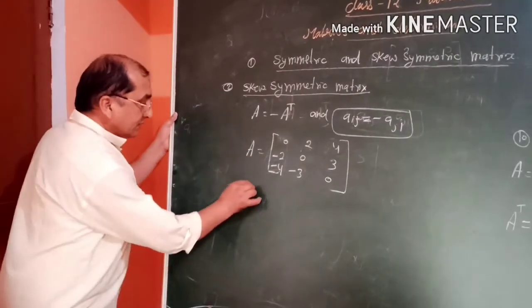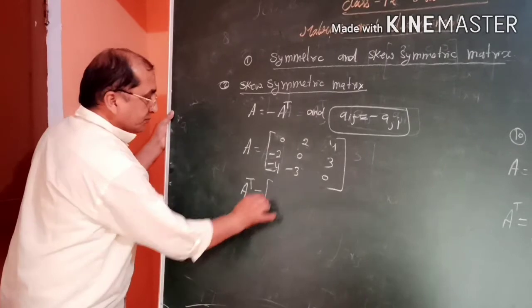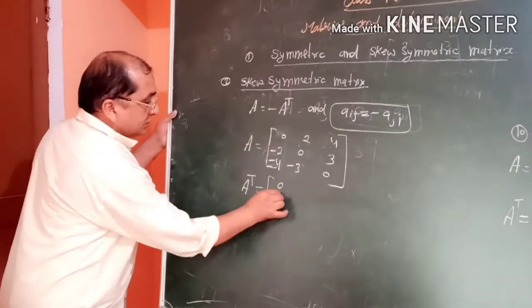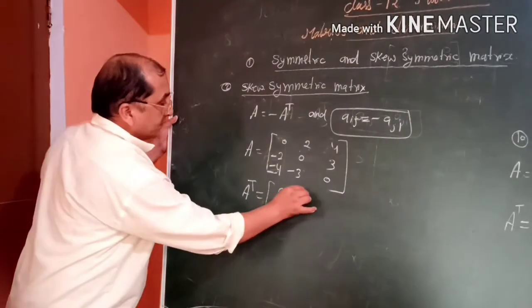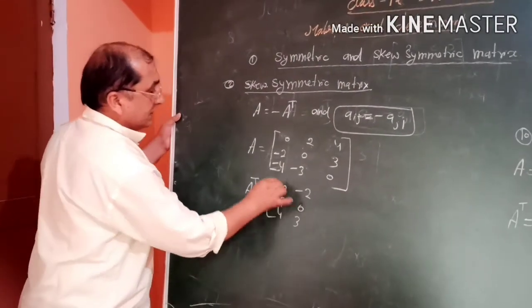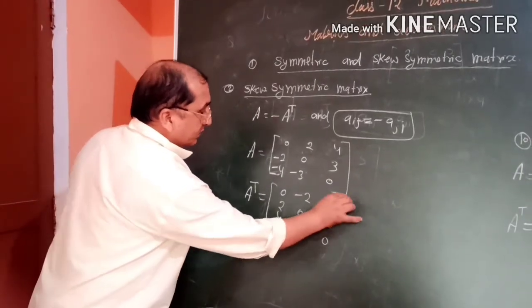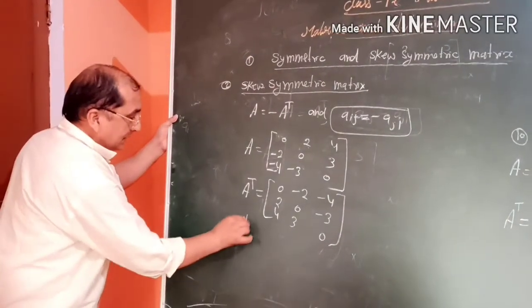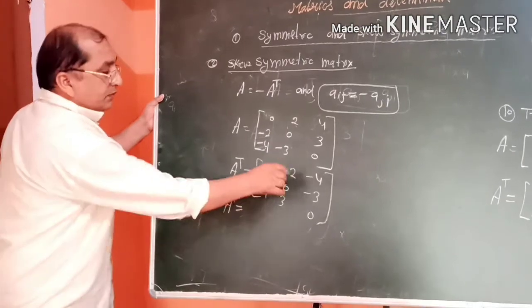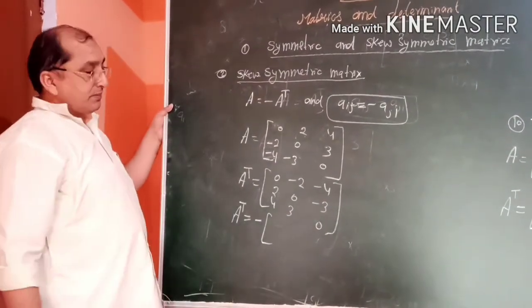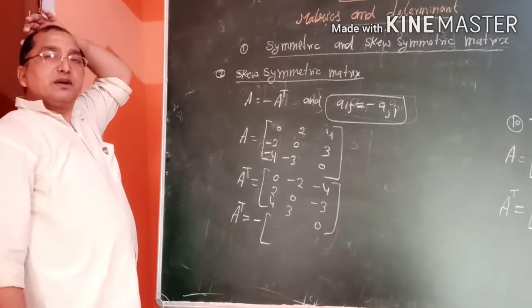When we do the transpose, a row is converted into a column: 0, 2, 4, minus 2, 0, 3, and minus 4, minus 3, 0 will come. So if we take minus common from this, then the minus becomes positive and the positive becomes negative.